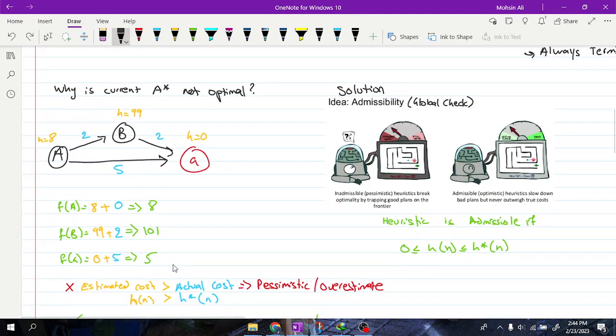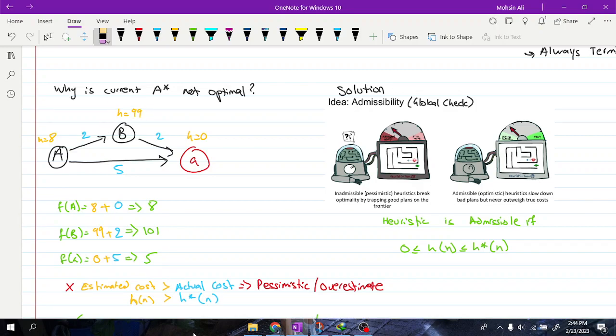To present this idea, I have presented a mathematical equation that your estimated cost, which was in this case 99, was greater than the actual cost, which was how much? It was 2 and it was 4, right? So your estimated cost was much greater than the actual cost, which led you to overestimate your heuristic, right?